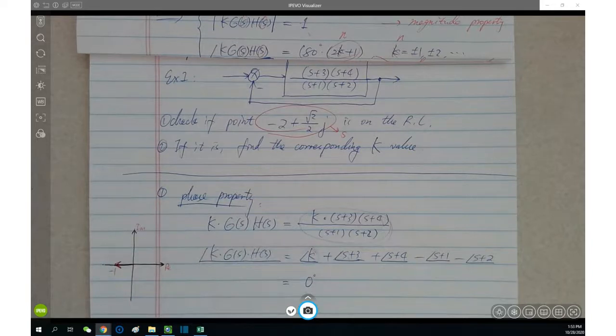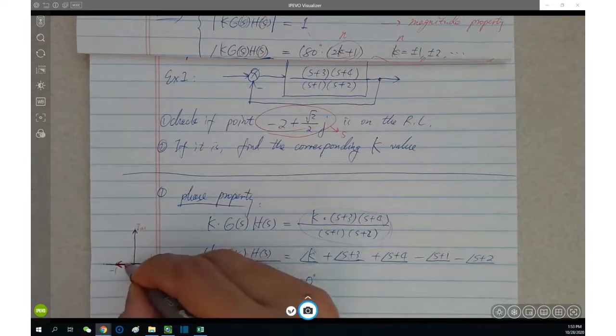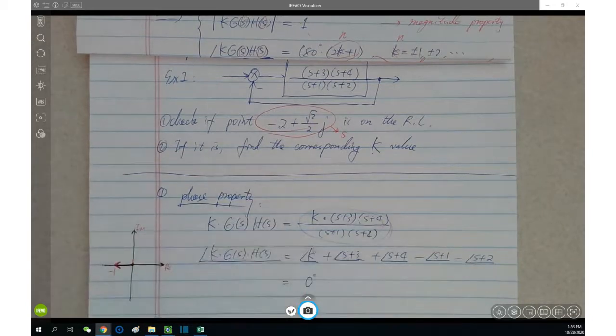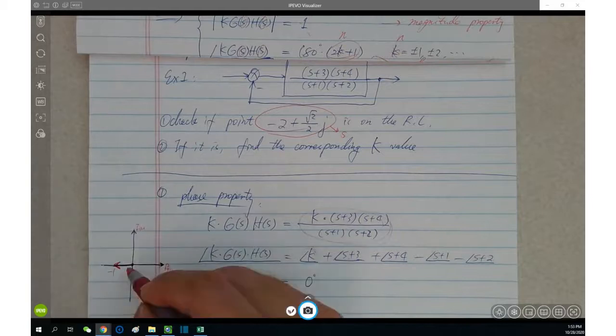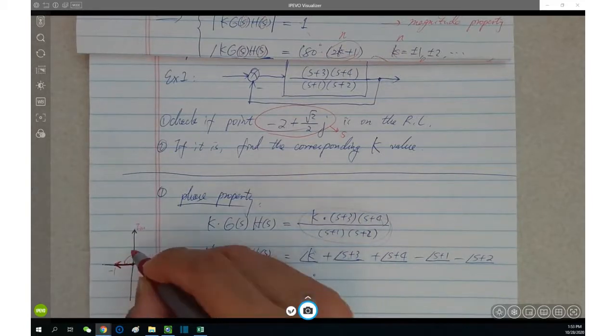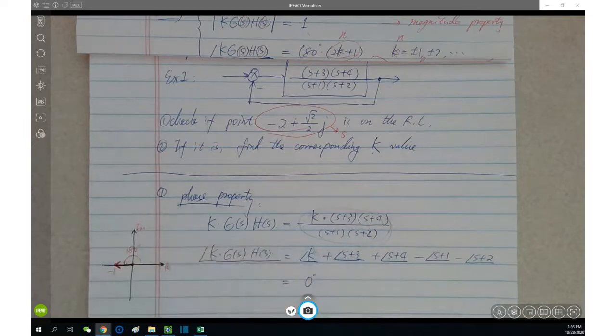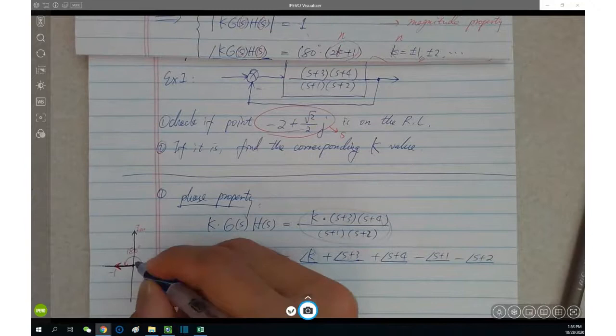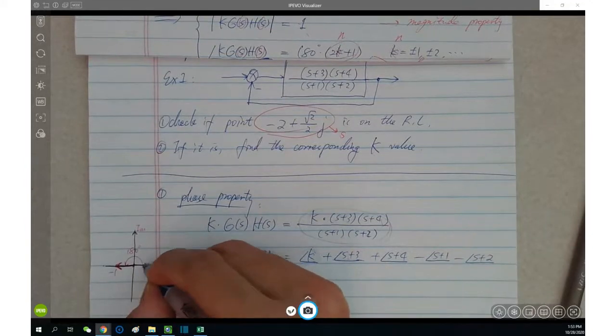As a phasor, it is pointing towards the left, starting from the origin point. This phasor, the angle is here. That's why it's 180 degrees. This is -1. And what is positive 1? The positive 1 is here. This is positive 1.